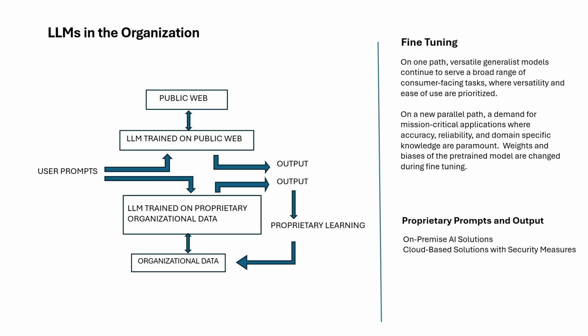The other issue when you think about LLMs in the organization is there are proprietary prompts and output. You want to keep them proprietary. Well, you can do that with on-premise AI solutions, or you can do it on the cloud with security measures, and that's where Copilot and Gemini and Vertex, another Google product, operate, where they can build this proprietary LLM for you, but it still operates on the cloud with the appropriate security conditions.